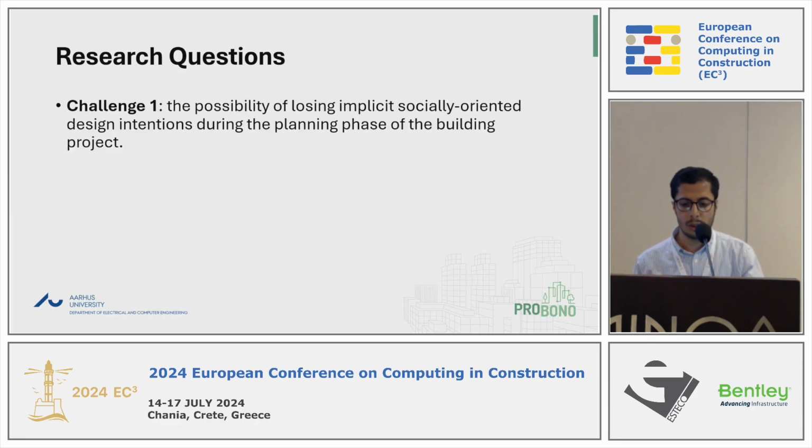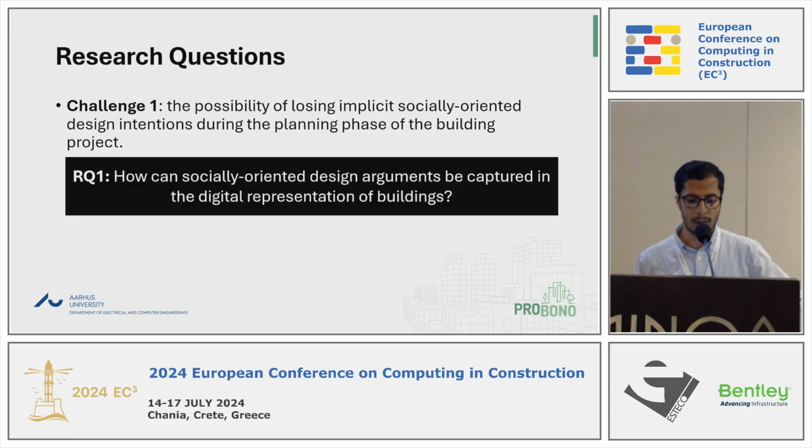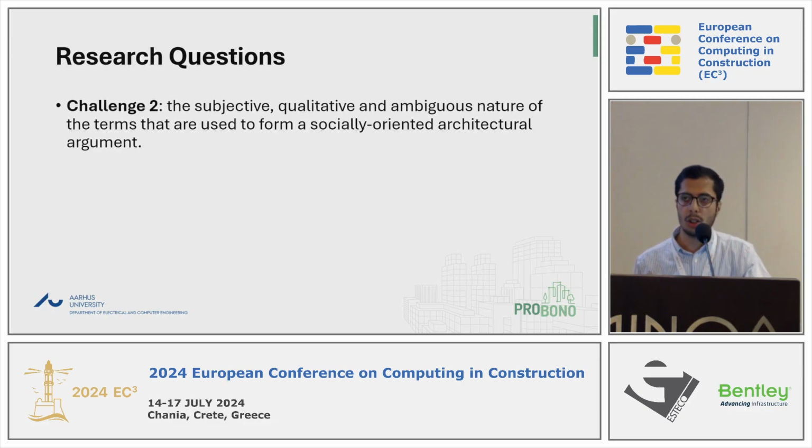The research questions are based on two challenges. The first one is the possibility of losing implicit socially oriented design intentions, and this forms the first research question: how can socially oriented design arguments be captured in the digital representation of the building? The second challenge is coming from the subjective and the qualitative, even ambiguous nature of those terms, like privacy.